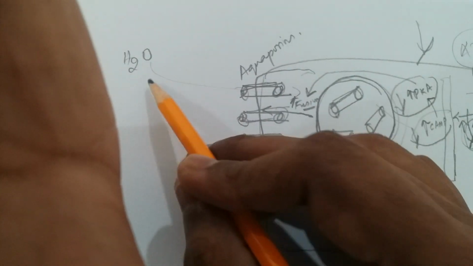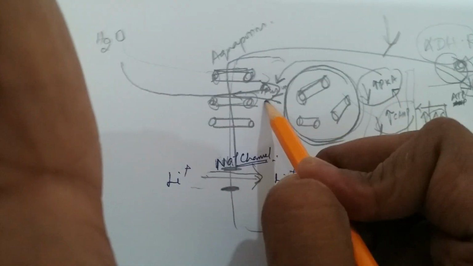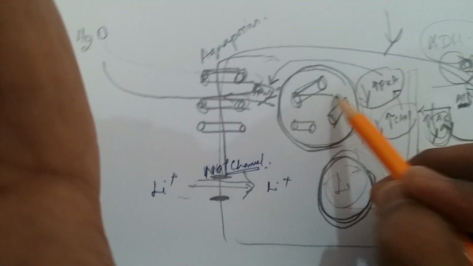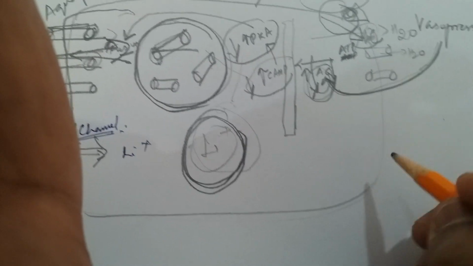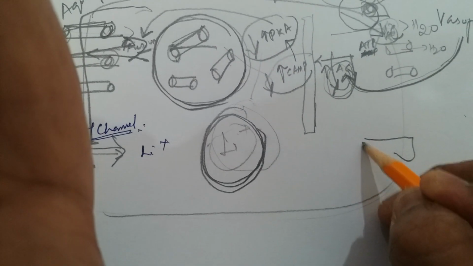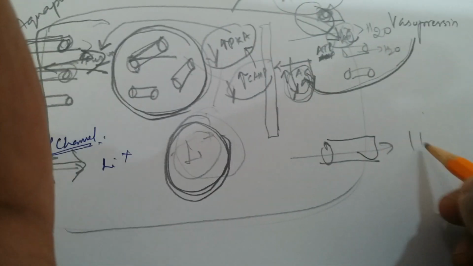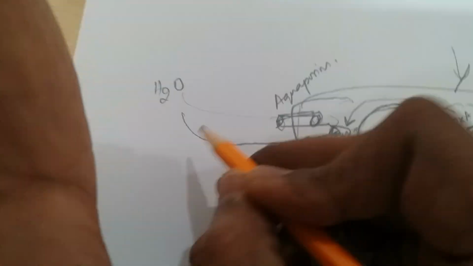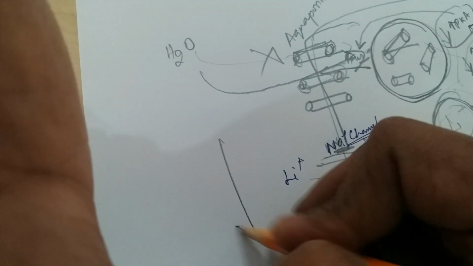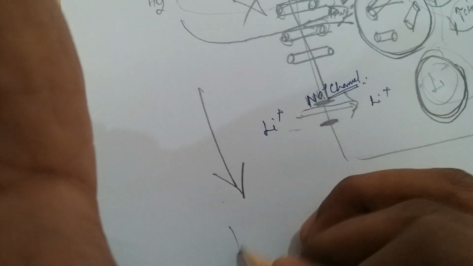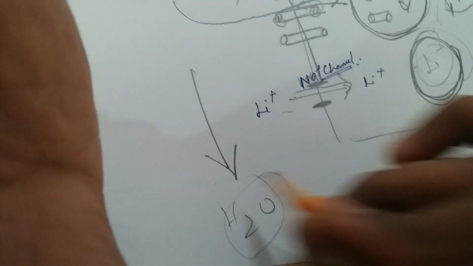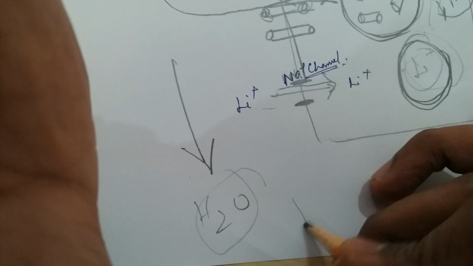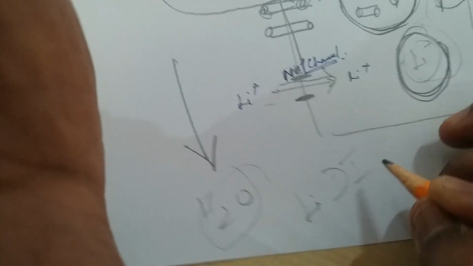So water does not enter into the cell and thereafter into the interstitium, and as a result, more water is eliminated, resulting in a diabetes insipidus like state, that is lithium induced diabetes insipidus.